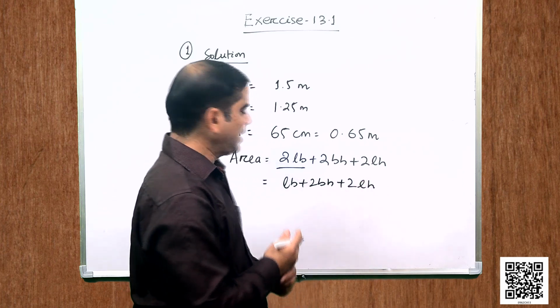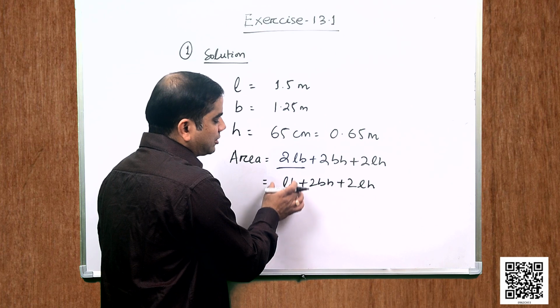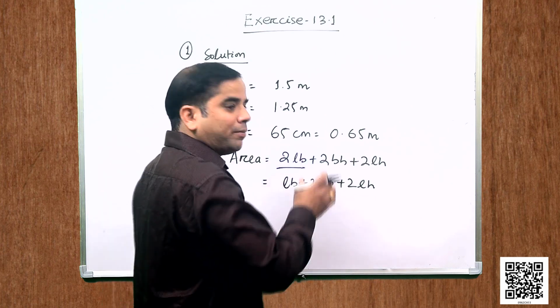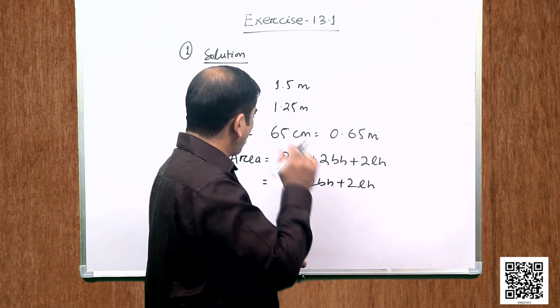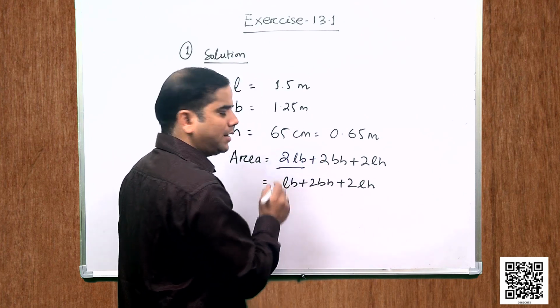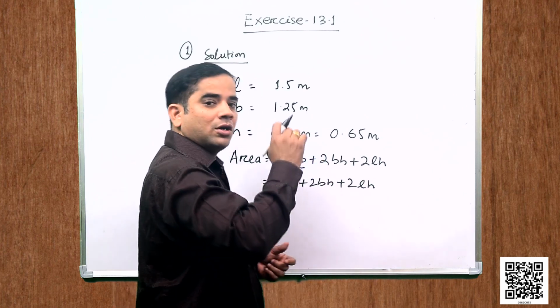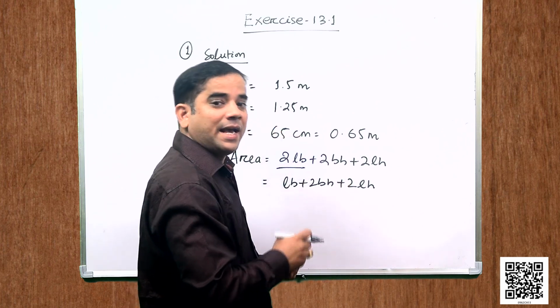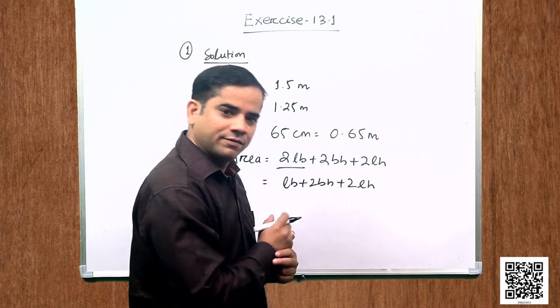Hope you understand this concept, because length into breadth is for the bottom and the top, that is why it is 2LB, but in this case as the top is open, we have to exclude one of the areas of the surface. Fine.